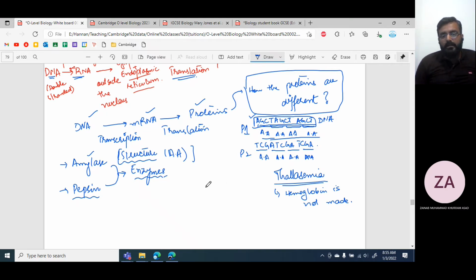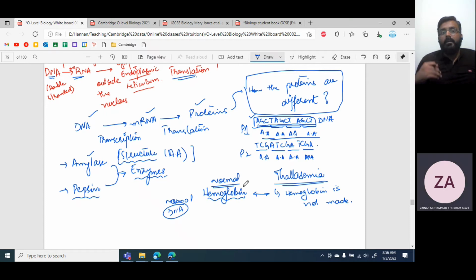So it means that we have hemoglobin, and we are non-thalassemic. There is a normal person, and there is a thalassemic person. So a normal person has normal hemoglobin. Now I am talking about the same protein. Focus on the point. I am talking about the hemoglobin in both cases. What is happening? In a normal person, the DNA sequence responsible to create the hemoglobin is normal, is working properly to create the hemoglobin.